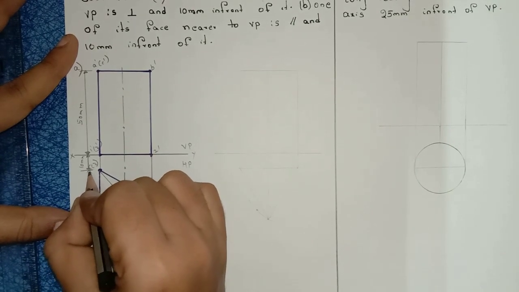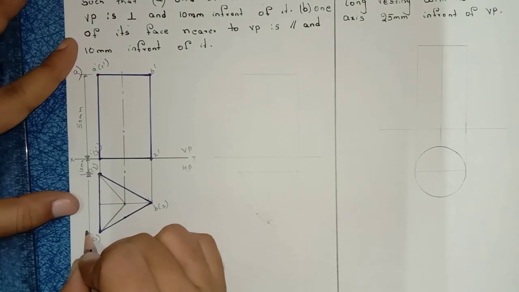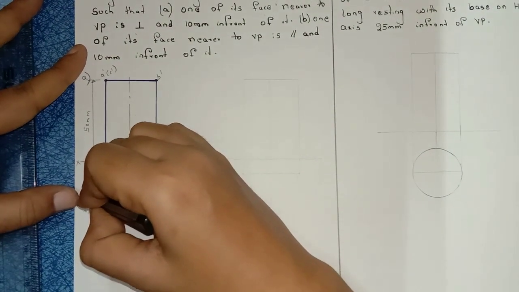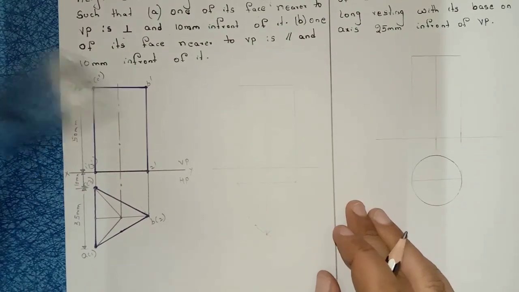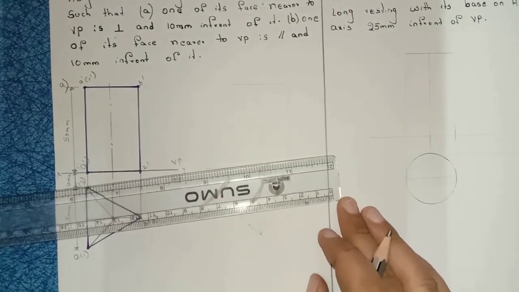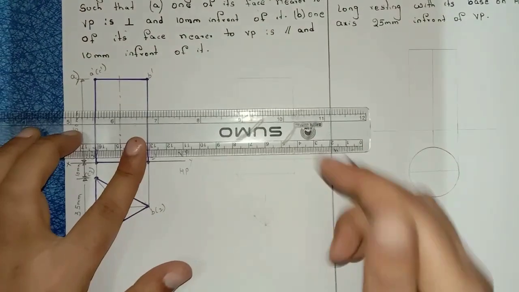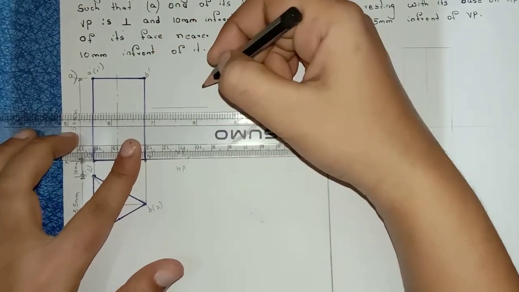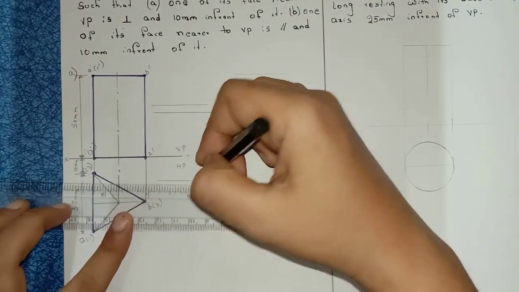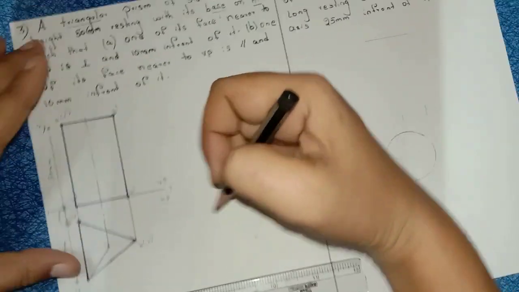Next, the length of the triangle is 35 mm, so I am writing here 35 mm. After completion of the problem, above take a height of 5 mm and write down front view. Below take a height of 5 mm and write down top view.